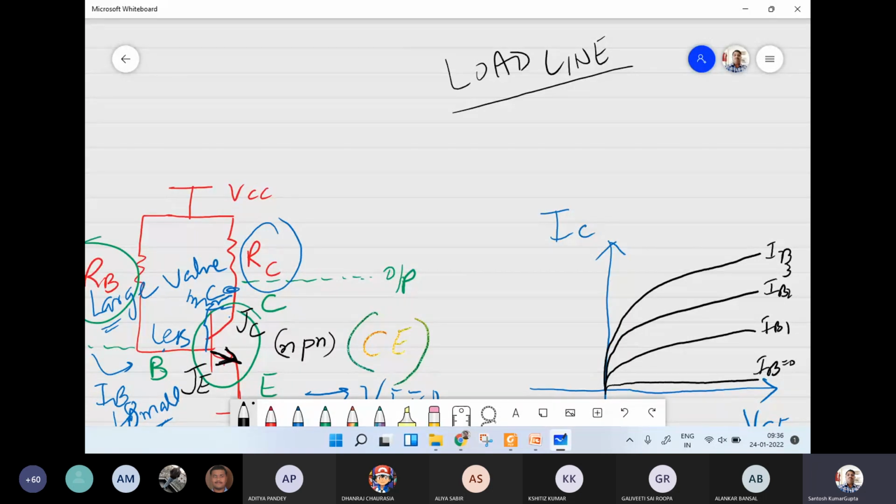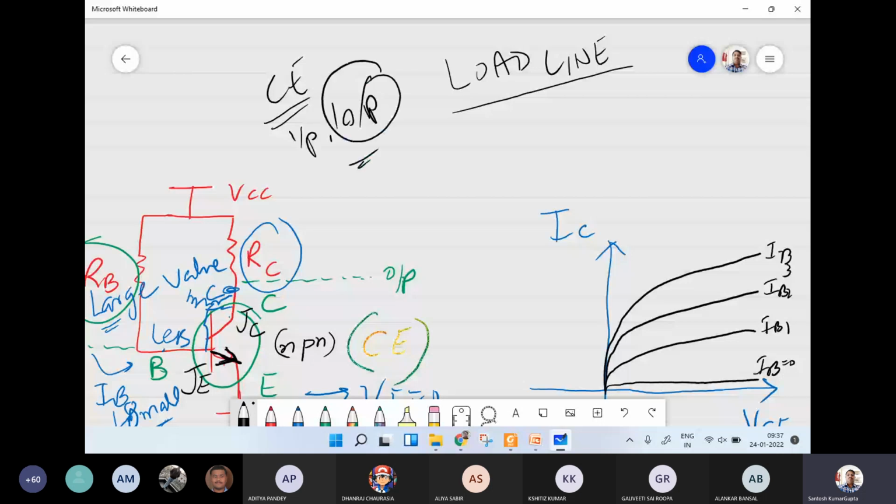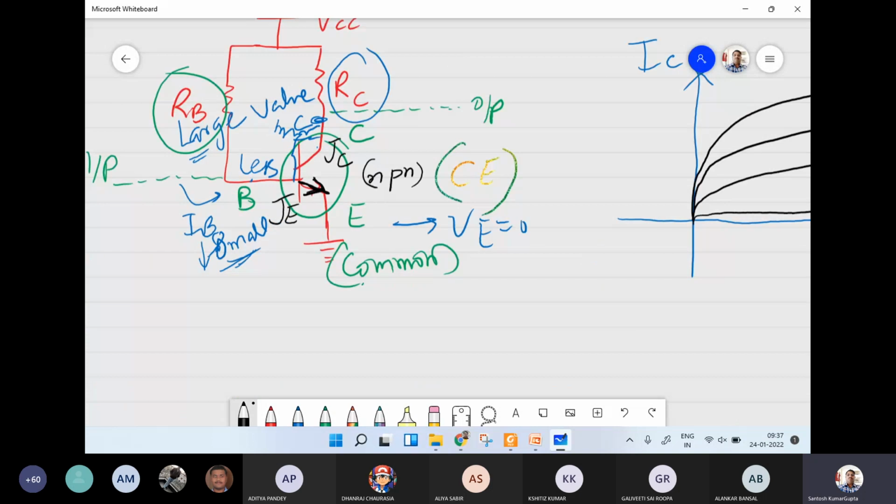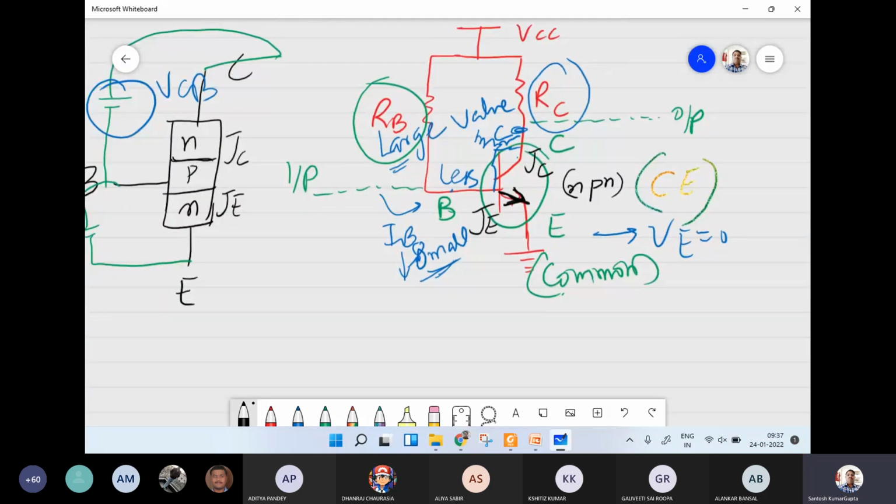Based on different configurations we have input and output also. For the load line, we choose the part of this transistor circuit which lies in the output.